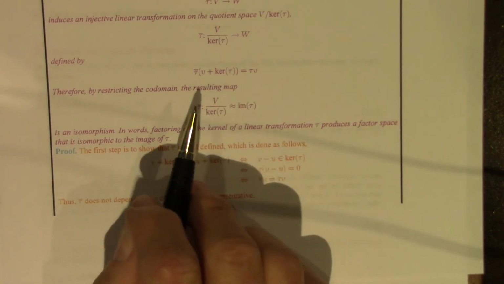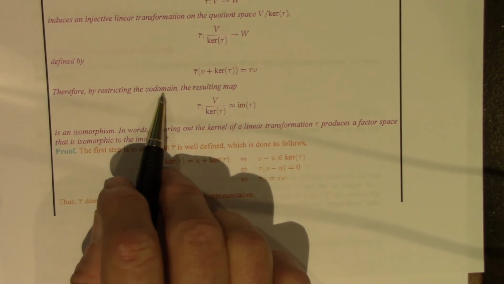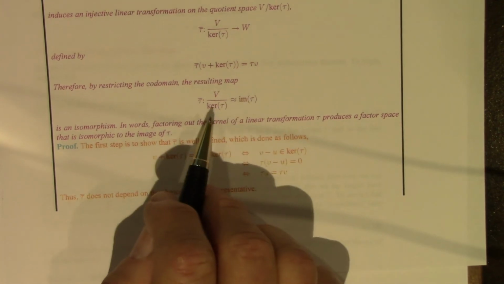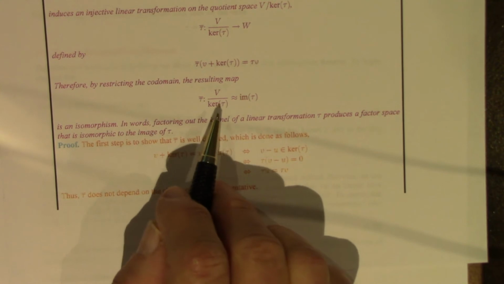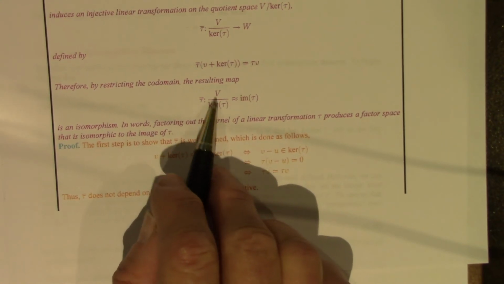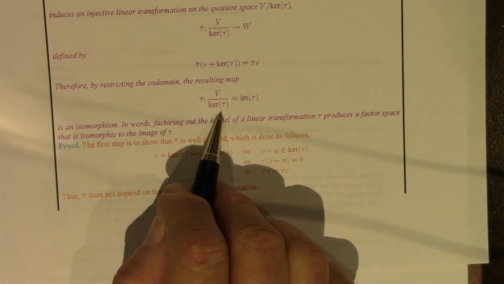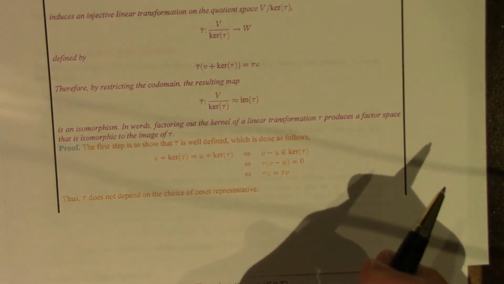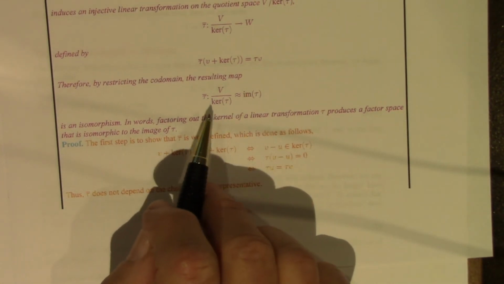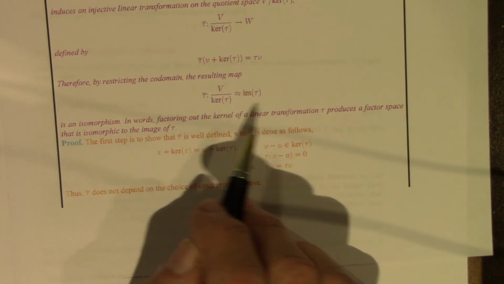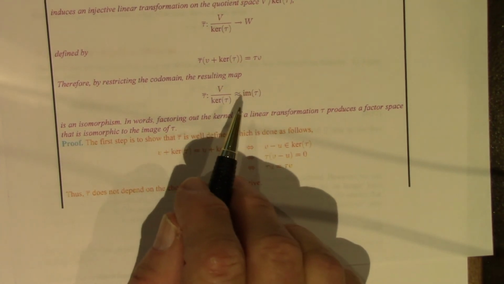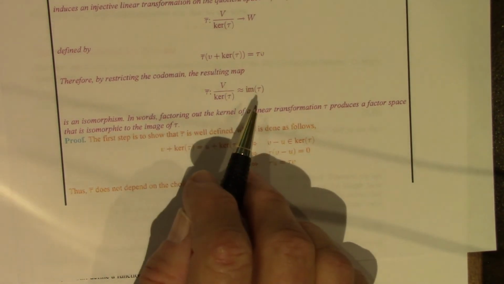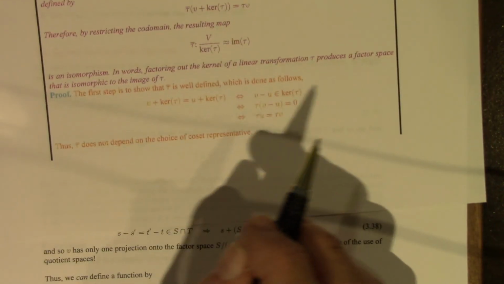So in fact, if we restrict the codomain to the image of tau, then the resulting map, tau bar, is an isomorphism between the quotient space V mod the kernel of tau and the image of tau. So in words, if we factor out the kernel of tau, that produces a quotient space that is isomorphic to the image of tau. Very important theorem.